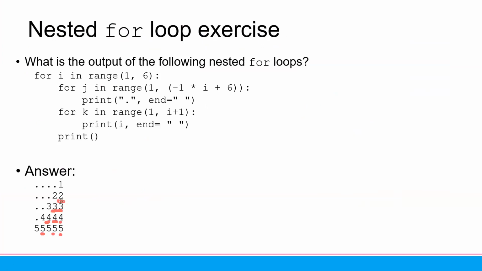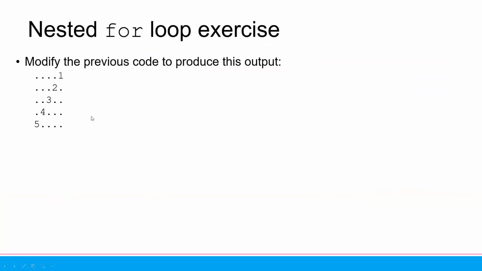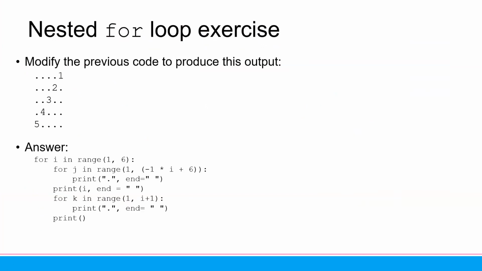But now I do not want to show this number. Instead of this number, I want to show again with the dot. Then you know how to create this dot. You can also figure out how to print this dot. So I give you the answer.